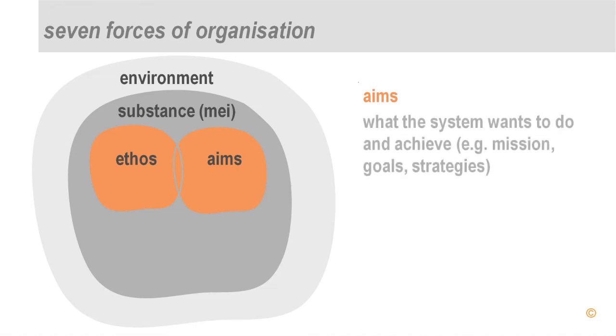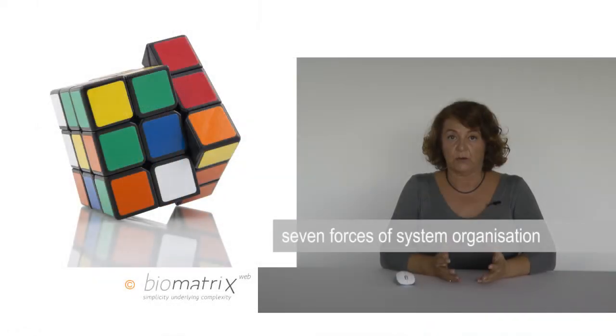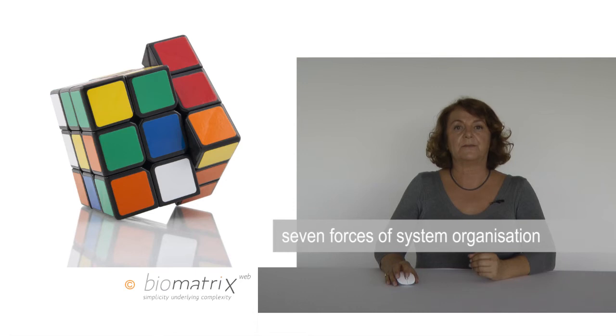That is what the system wants to do and achieve. In an organizational context, we normally talk about the vision and the mission and the objectives and strategies, goals, etc. As we change the goals of an organization, the whole organization will change.